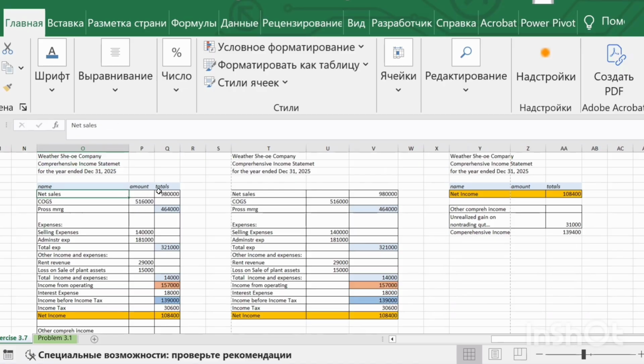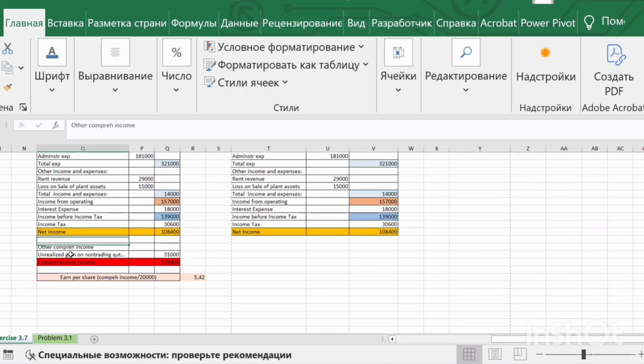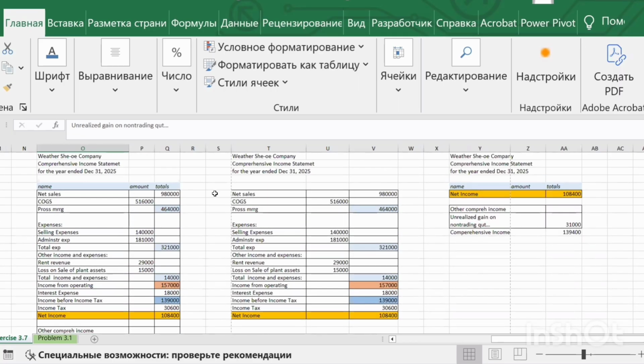So I can see all numbers and all parts of it in one table. I can see net sales, gross margin, expenses. Also, I can see the other comprehensive income, unrealized gain. It's a more detailed way, but in one place.